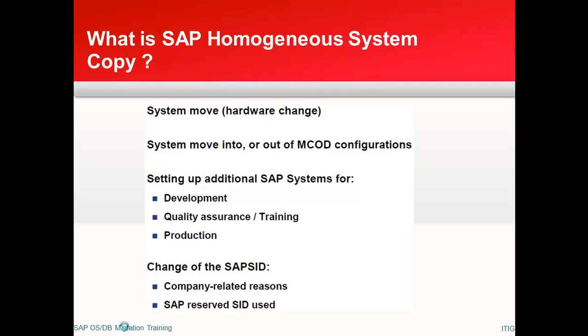If you have a portal system, you can go for DP1, QP1, for development, quality, production, or TP1 for a test system. You need to make sure that you have a unique SID for your SAP system, and that you are not using any of the reserved SAP SIDs.